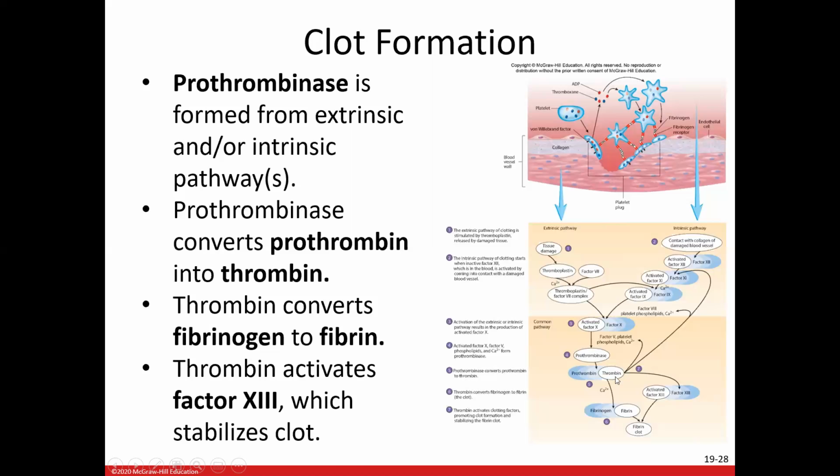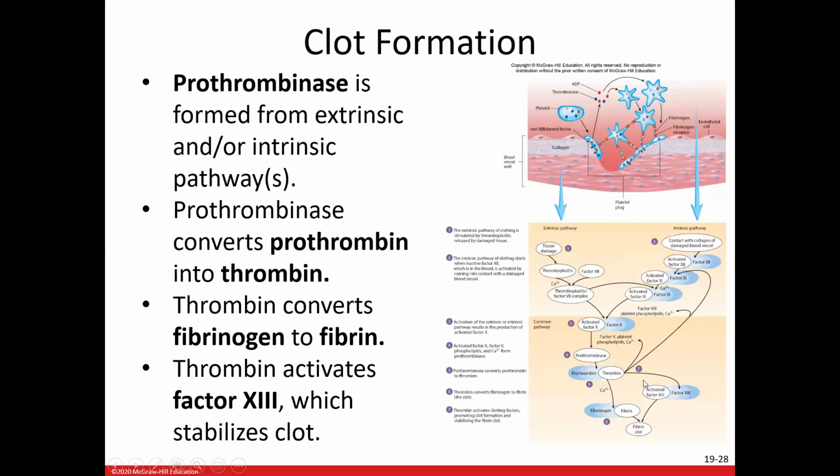The first is that thrombin goes on to convert fibrinogen, which is one of our blood proteins in the plasma, into fibrin, which ultimately contributes to the structural integrity of the clot. Additionally, the second thing thrombin does is that it goes on to activate factor 13, which helps to stabilize the blood clot overall.